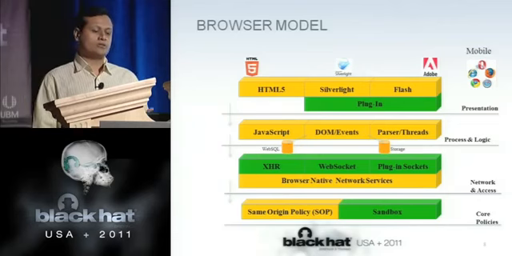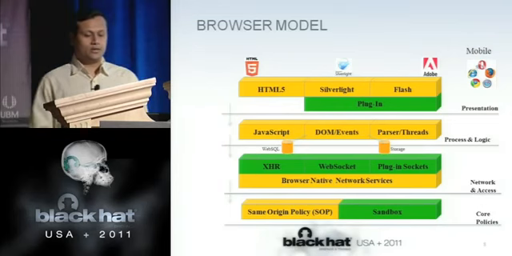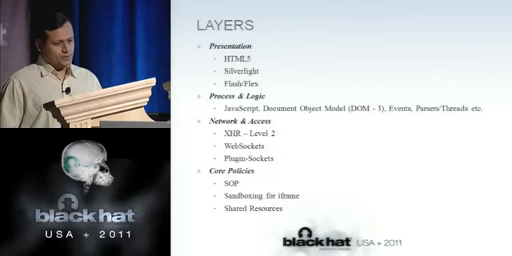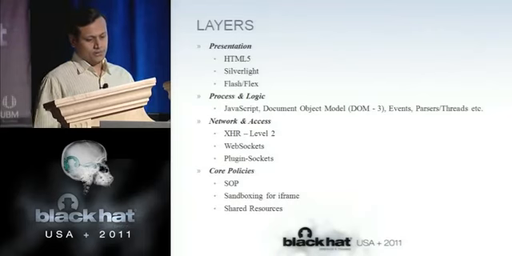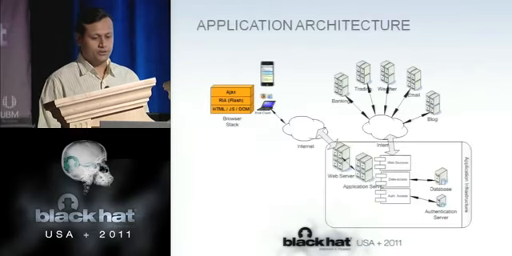I think Chrome 5 is supporting HTML5 fully, and then IE and Firefox support it in their limited capabilities. So these are the layers: presentation, process logic, network access, and core policies, where SOP, sandbox, and shared resources are the 3 important policies.